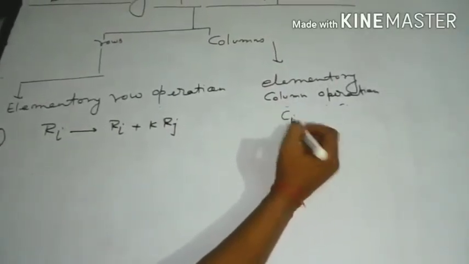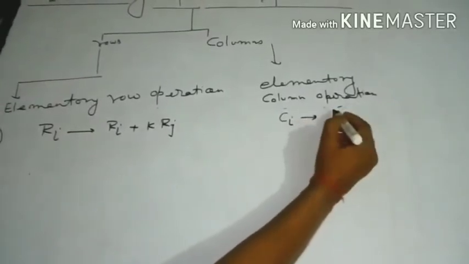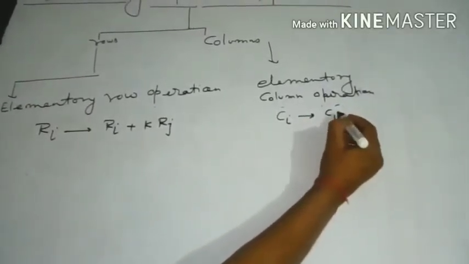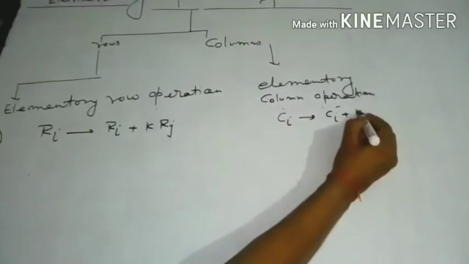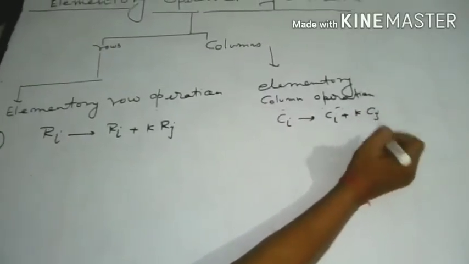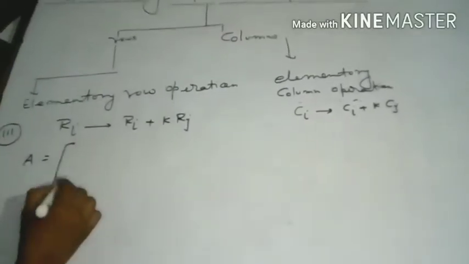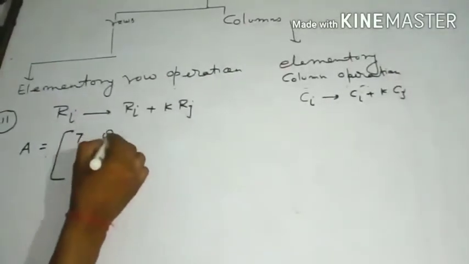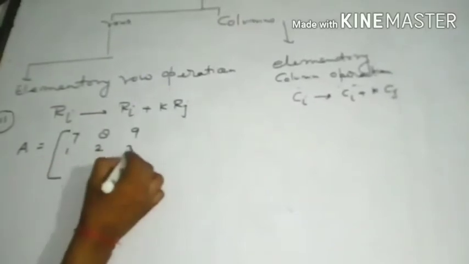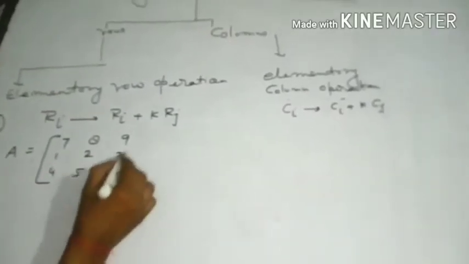In a similar way, in the ith column we want to add k times the jth column. For example, again we consider the same matrix 7, 8, 9, 1, 2, 3, 4, 5, 6.